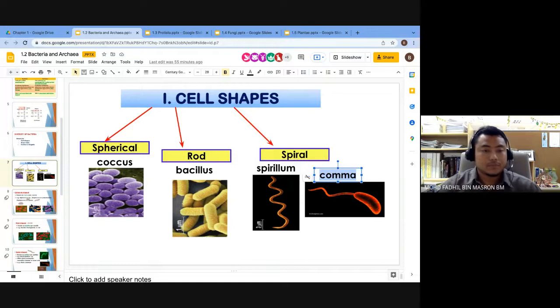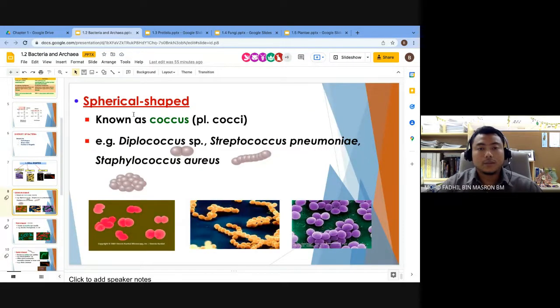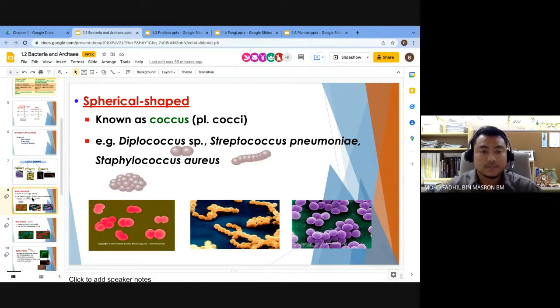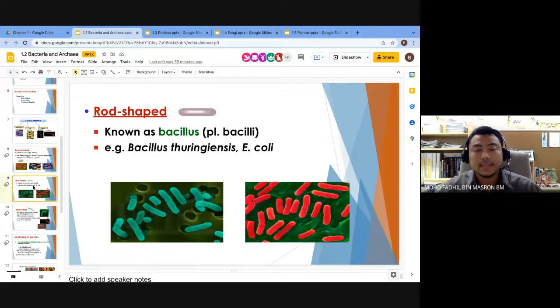So, examples of the spherical shape are such as Diplococcus, Streptococcus. It is in their name, Streptococcus. So strep kita boleh tahulah bentuknya adalah bulat-bulat, spherical. Staphylococcus. Kalau dia bentuk rod shape, Bacillus, contoh nama ialah Bacillus thuringiensis.